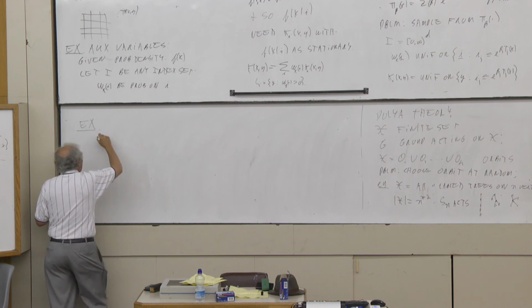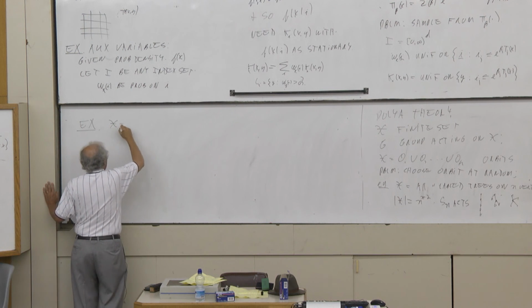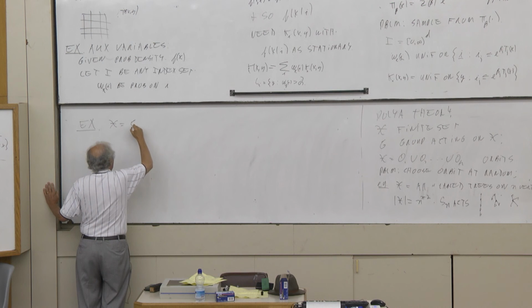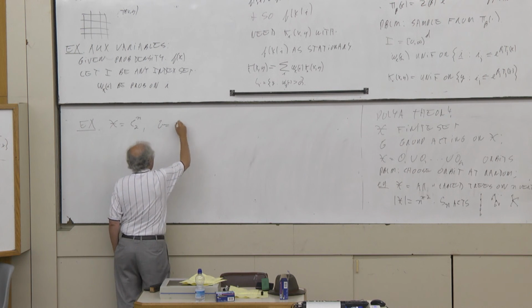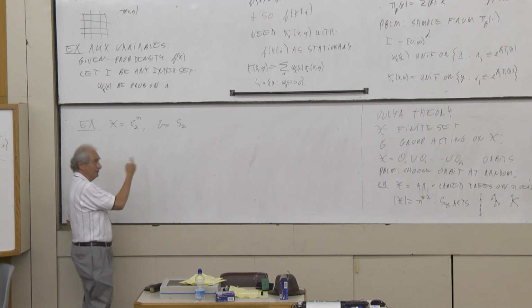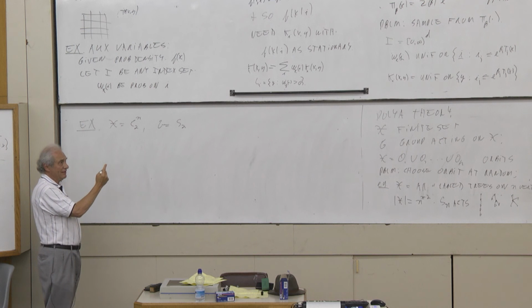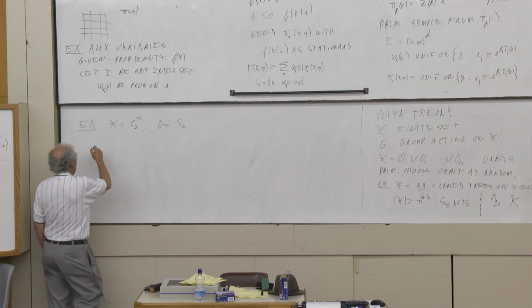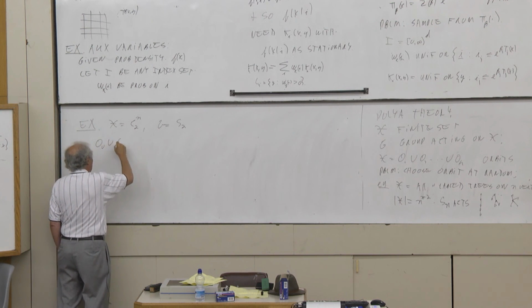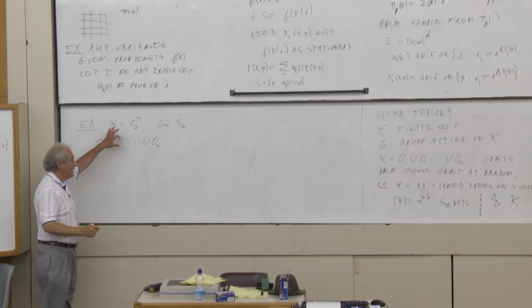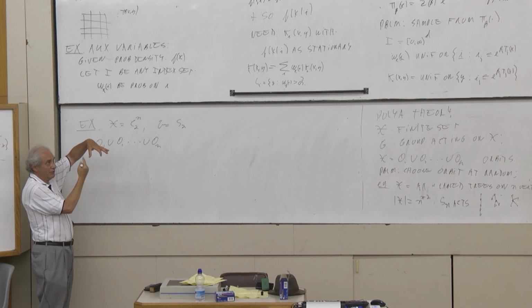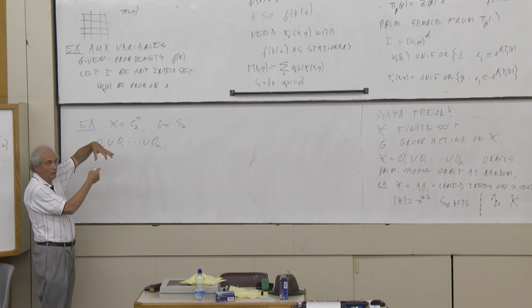Let me take X to be the set of binary n-tuples, C2 to the n, and let me take G to be Sn, acting by permuting n-tuples. So the orbits are O0 union O1 union ... union On, where Oi is the set of all binary n-tuples which have i 1s. Those are what the orbits are.